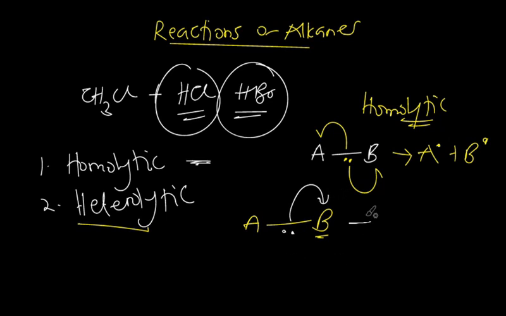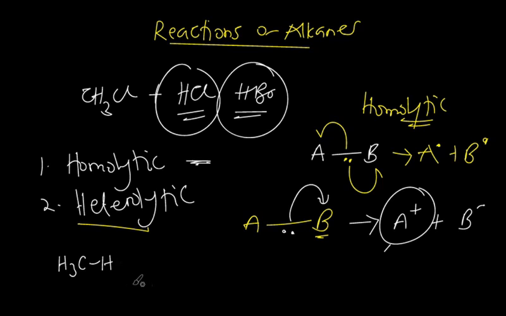In this case we will be forming what? A cation. We will be forming A plus, and then B minus. Now when A is an organic compound and this occurs, we call it a carbocation. Let me use a well-defined example.